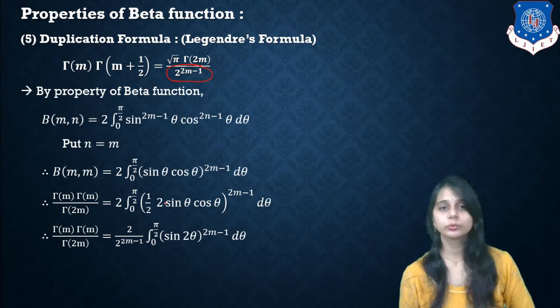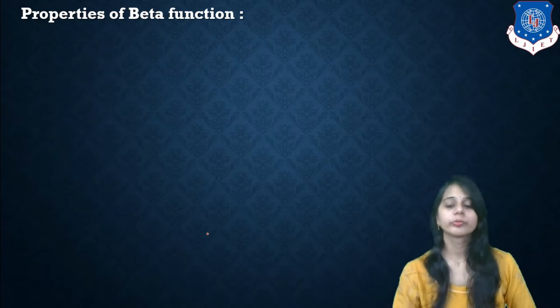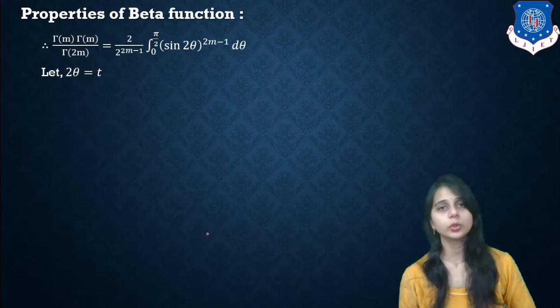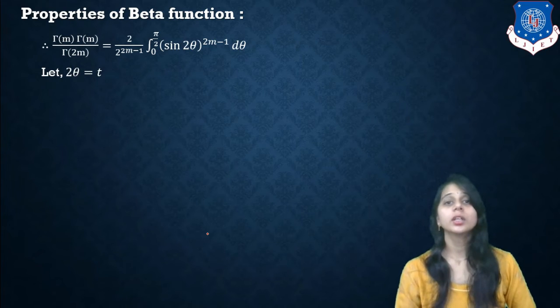Now we are taking 2 common: 2 upon 2 raised to 2m minus 1 integration 0 to pi by 2, 2 sin theta cos theta, we say that it is sin 2 theta raised to 2m minus 1. So gamma m into gamma m upon gamma 2m equals 2 upon 2 raised to 2m minus 1 integration 0 to pi by 2 sin 2 theta raised to 2m minus 1 d theta.